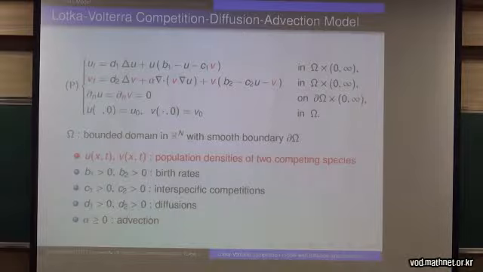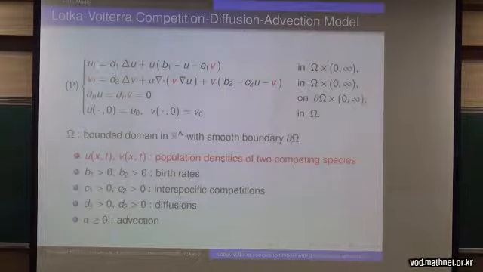This system arises in ecological modeling, the Lotka-Volterra competition model. From such an ecological point of view, the unknown functions U and V represent the population densities of two competing species respectively, at the position x in omega and time t. Okay? So this is a couple of nonlinear parabolic equations.